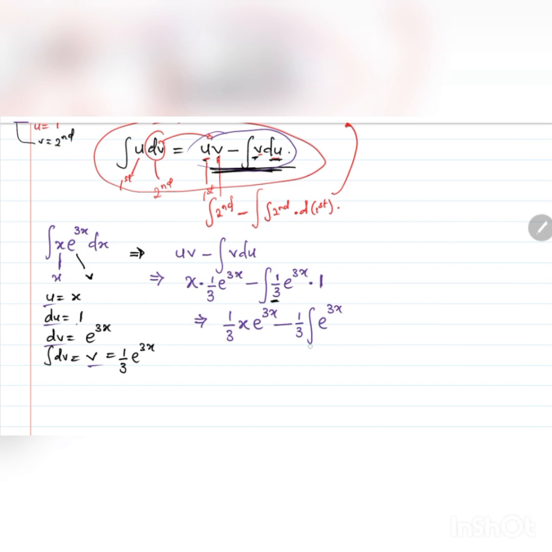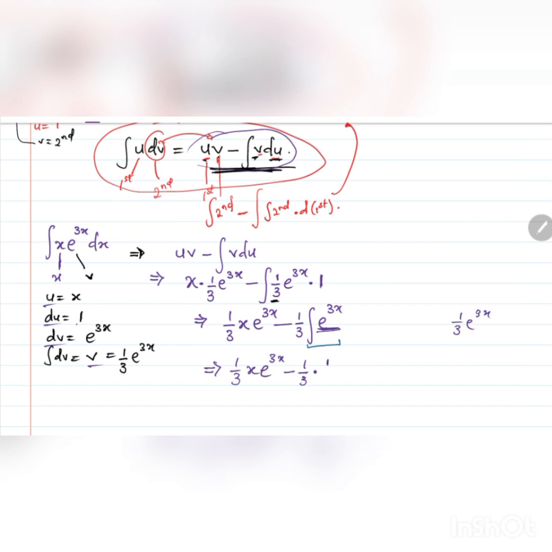Now at this point I have to integrate this. On integrating that, I have 1 over 3 x exponential 3x minus 1 over 3 times, if we integrate exponential 3x, that's 1 over 3 exponential 3x.